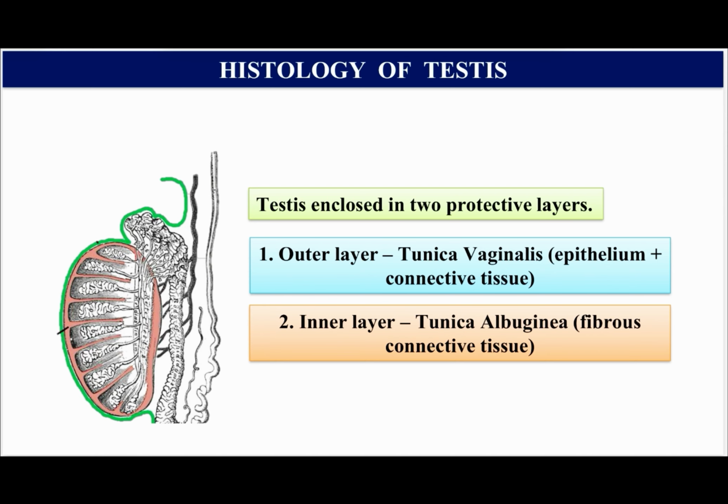Now, first we have to see the histology of the testis. The testis is protected by two protective layers. The first, outer layer is the tunica vaginalis, which consists of epithelium and connective tissue, and the inner layer is the tunica albuginea, which consists of fibrous connective tissue.